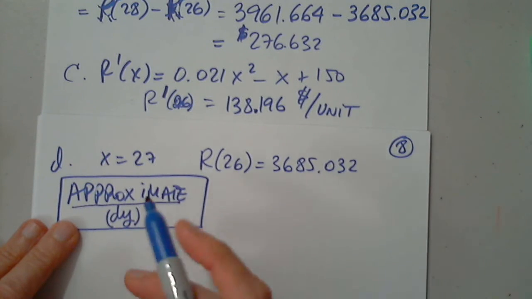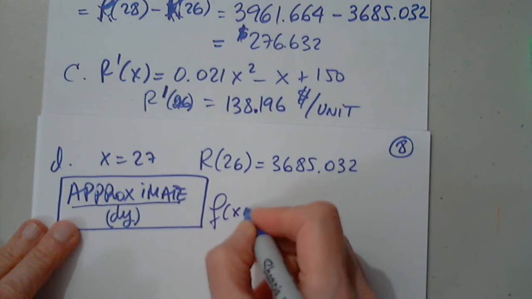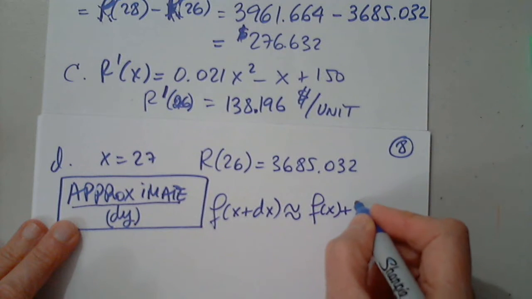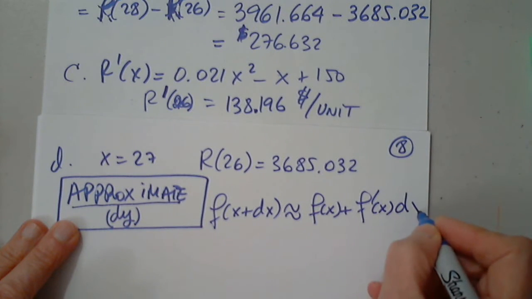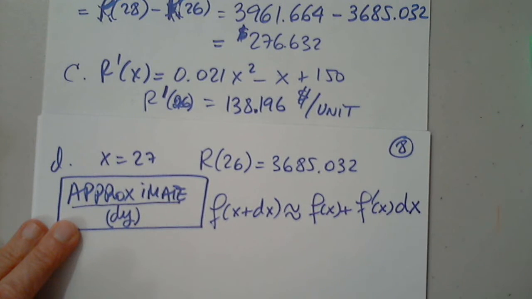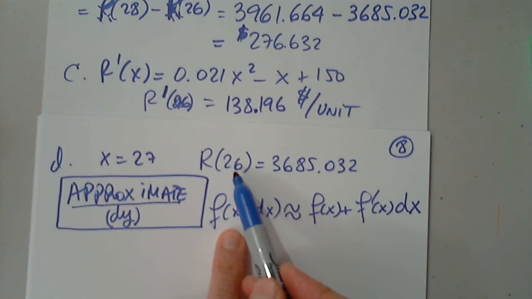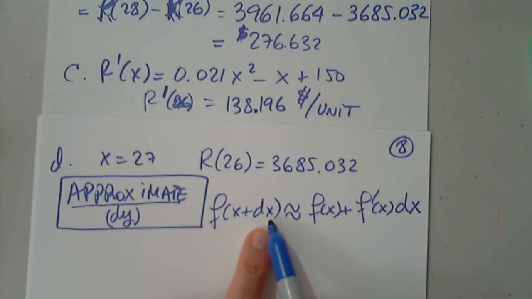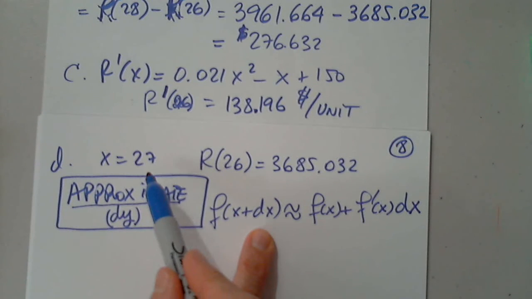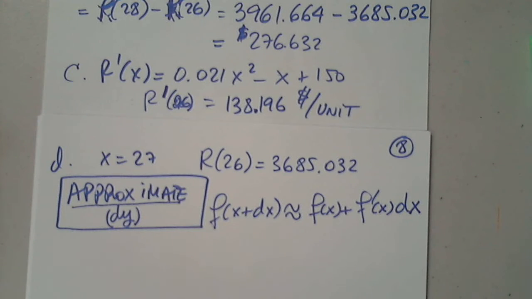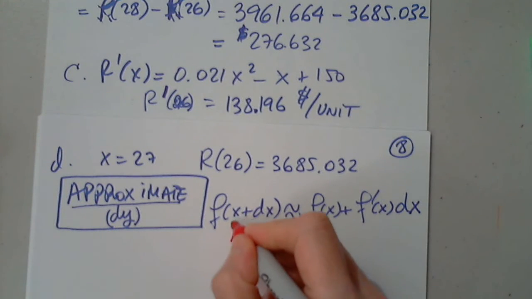Every time they say approximate, I think of this. F of x plus dx is approximately f of x plus f prime of x dx. So my x is 26. What is my dx? Keeping in mind that we are talking about 27. 1.